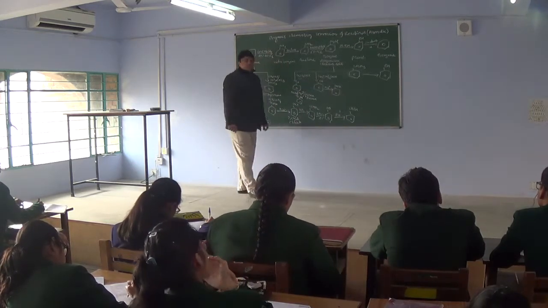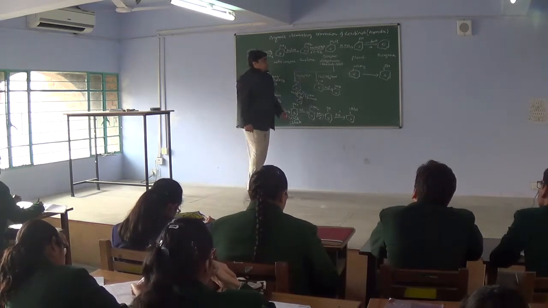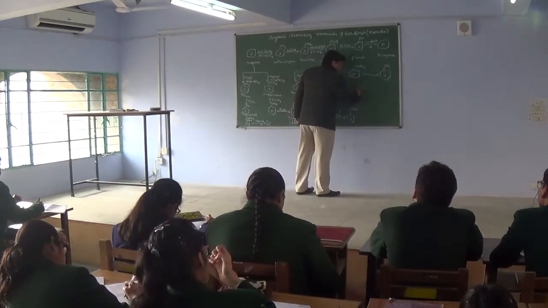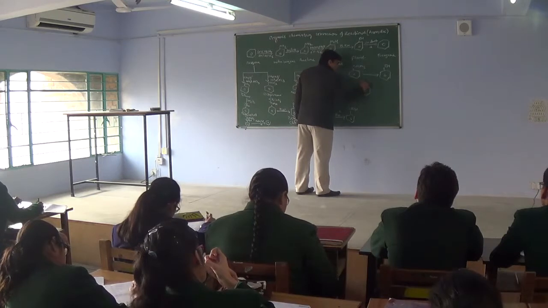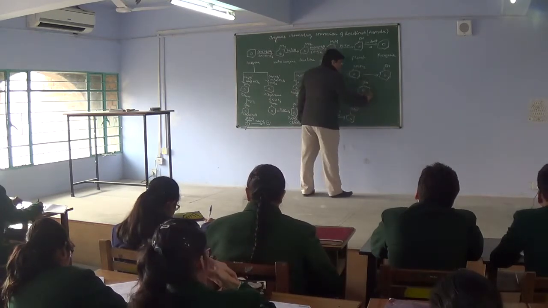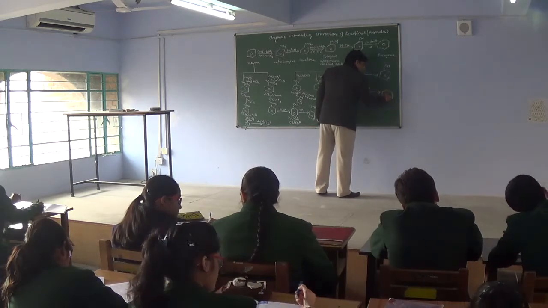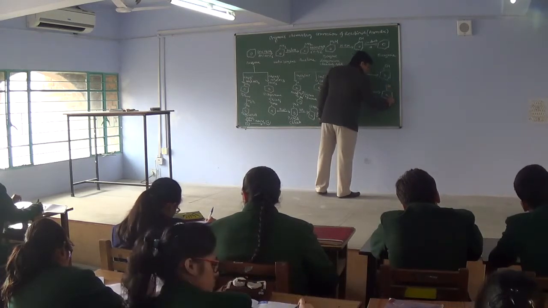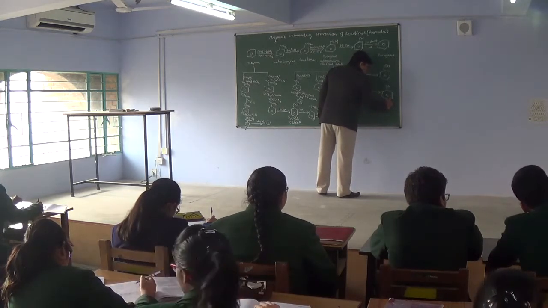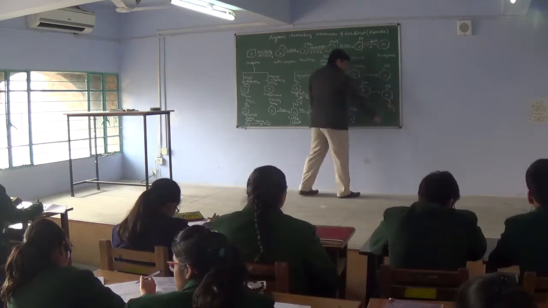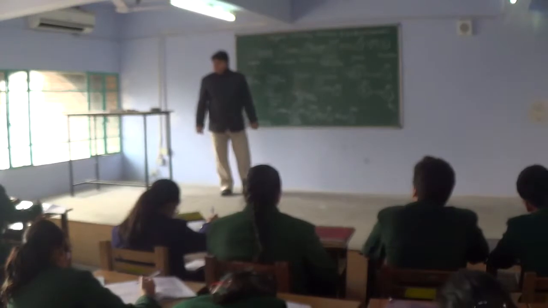Now see, if it is doubly substituted, let us introduce the double substitution group. For example, if you are asked to produce phenol into p-nitrophenol, phenol into p-nitrophenol.